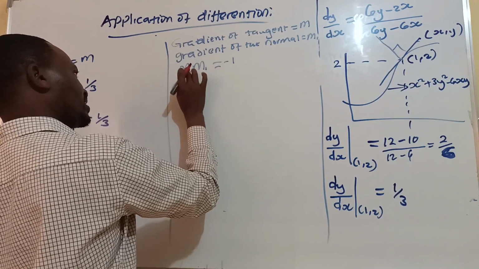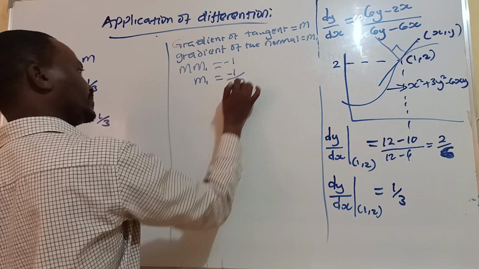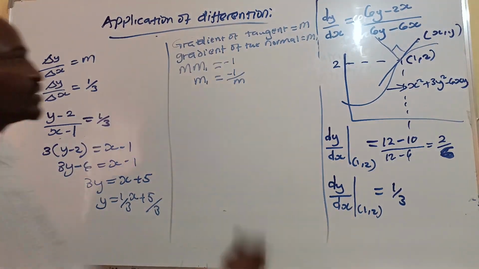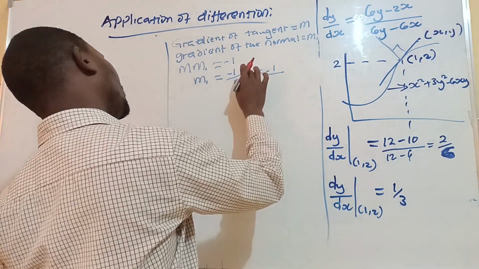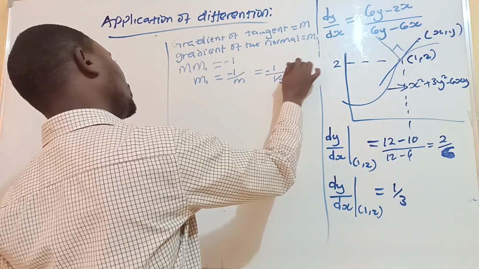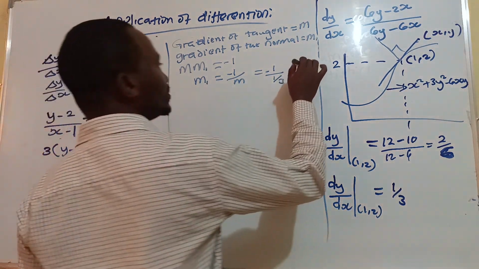So we have m1 is equal to -1 over m, which is equal to -1 over 1 over 3, which is the negative reciprocal, equal to -3.